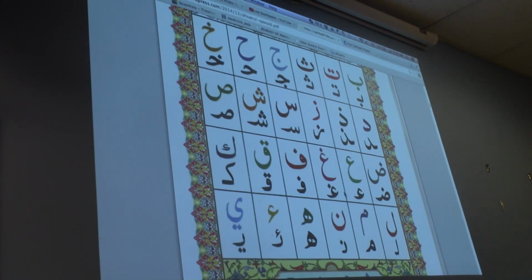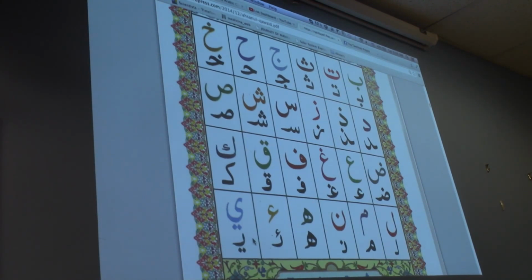But because the dot is on the top, it is a noon. And ha, ha. Then hamza. It has to sit on something. So there you go. And finally, ya.